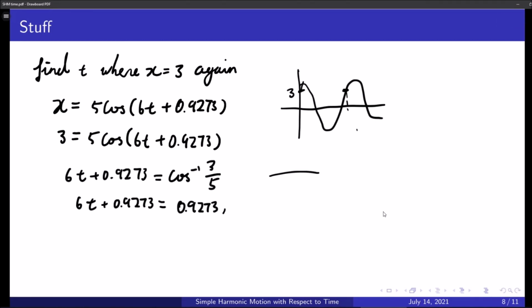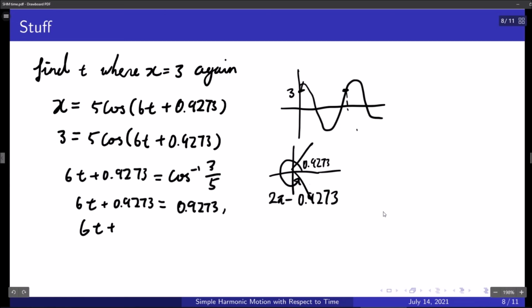The first one is 0.9273. The second one will be, because of cosine, 2 pi minus 0.9273. So we end up with 6t plus 0.9273, okay, so this value, 2 pi minus 0.9273, is 5.3559, and that's the value we want.